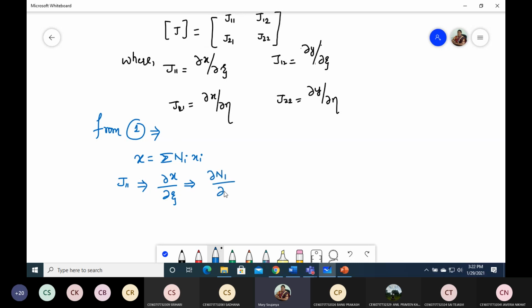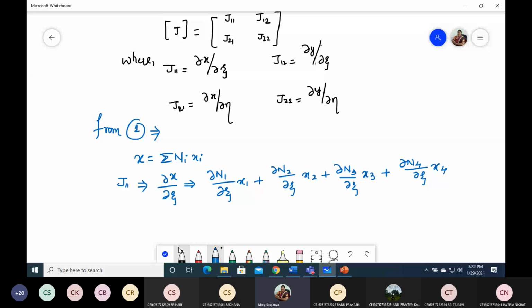Dou N1 by dou xi into x1 plus dou N2 by dou xi into x2 plus dou N3 by dou xi into x3 plus dou N4 by dou xi into x4.